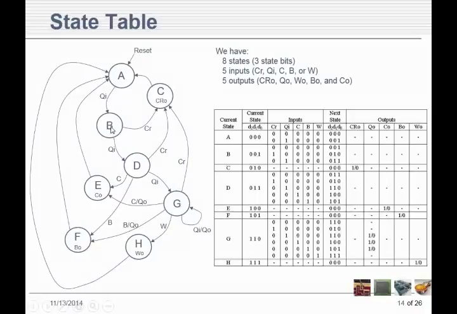When we're in state B, we can either put a quarter in or we could hit coin return. If we put 2 quarters in, then we're going to go to this state that happens to be 50 cents.